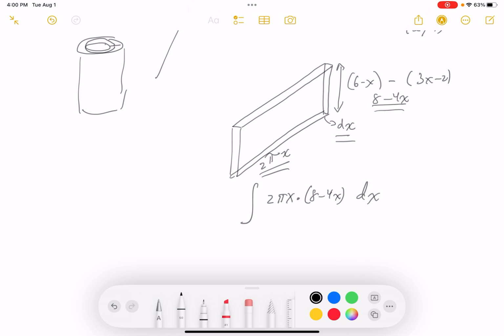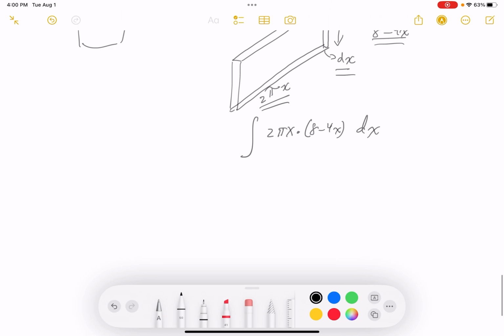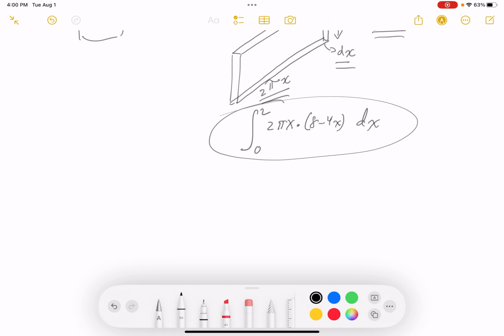All right, let's talk about where the x's are going from. They're going from 0 up to this point of intersection, which occurs at 2. This is a milestone to reach. Now certainly my encouragement here is when you're studying, it's nice to have someone looking over your shoulder, and you have the answer key right now. Before I look at the answer key, I want to simplify this a tiny bit.